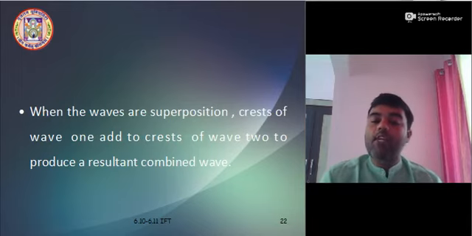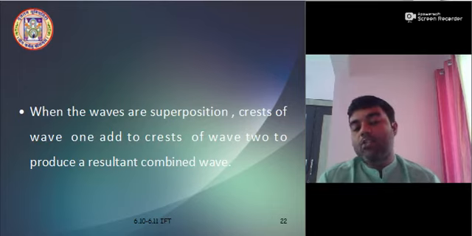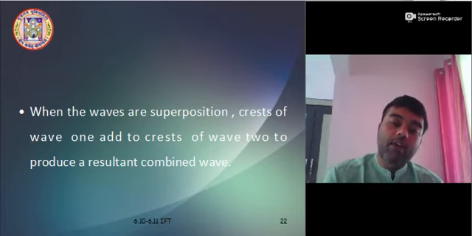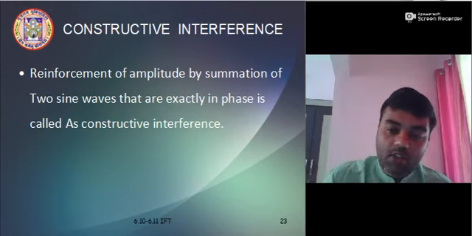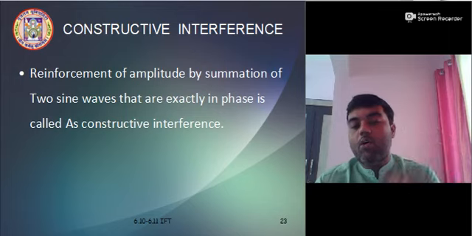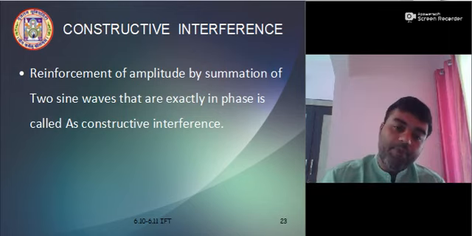When the waves are superposed, the crest of wave 1 adds to the crest of wave 2 to produce a resultant combined wave. So we are using two frequencies and making a third frequency which is useful for the patient, overcoming all the problems.